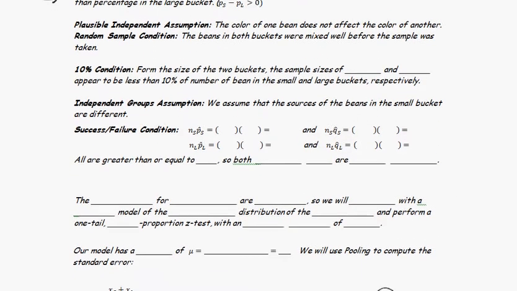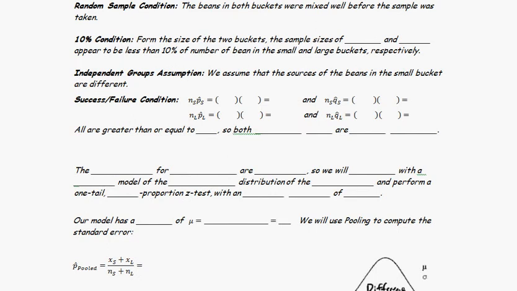So before we can use the model, we've got to check the conditions. From the size of the two buckets, the sample sizes of 676 and 1090 appear to be less than 10%.